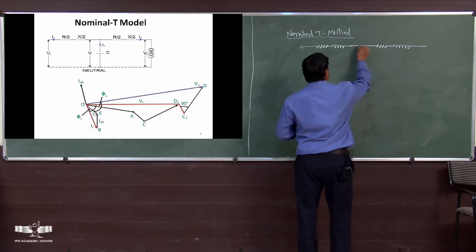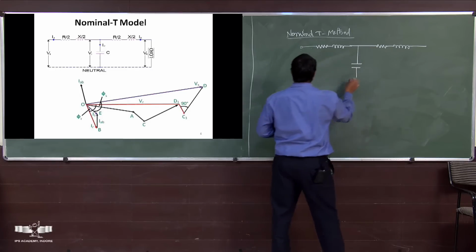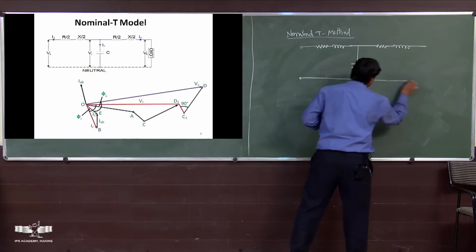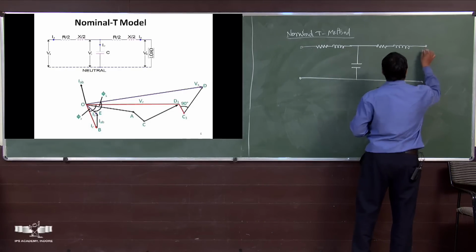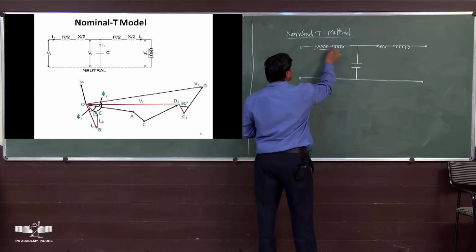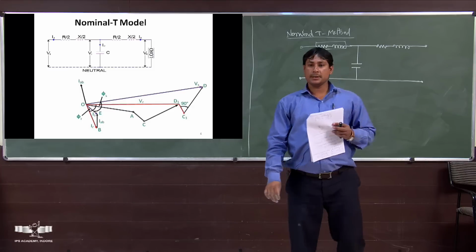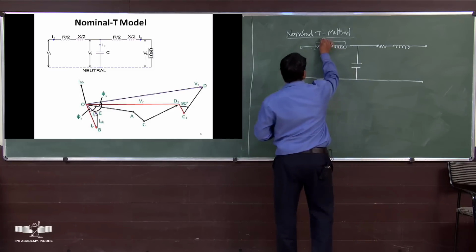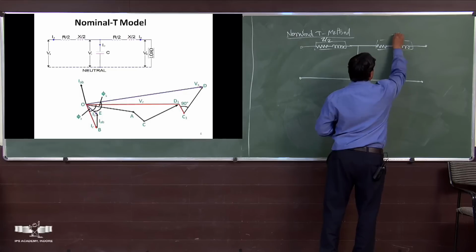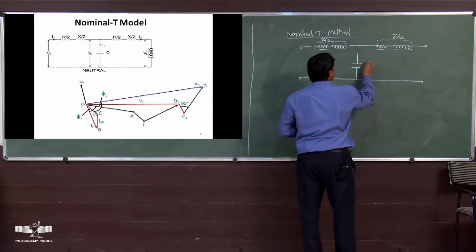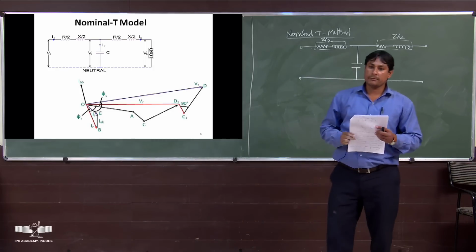The capacitance of the whole transmission line we represent as a single parameter. These are also lumped parameters, but here we divide the series line impedance equally in two parts, Z by 2 and Z by 2, and the capacitance of the whole line is a single value.